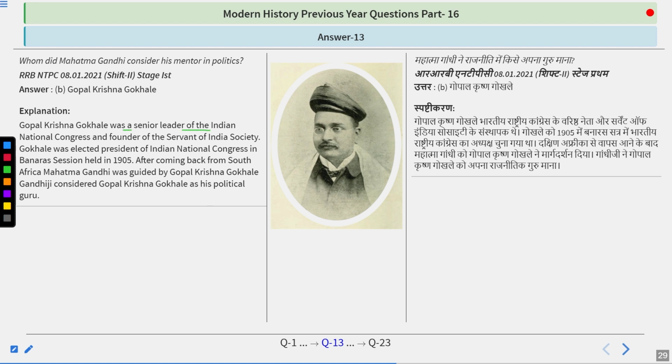Gokhale was a senior leader of the Indian National Congress and founder of the Servants of India Society. He was elected president of the Indian National Congress in the Banaras session held in 1905. After coming back from South Africa, Mahatma Gandhi was guided by Gokhale. Gandhiji considered Gokhale as his political guru. So do remember, answer is B option.